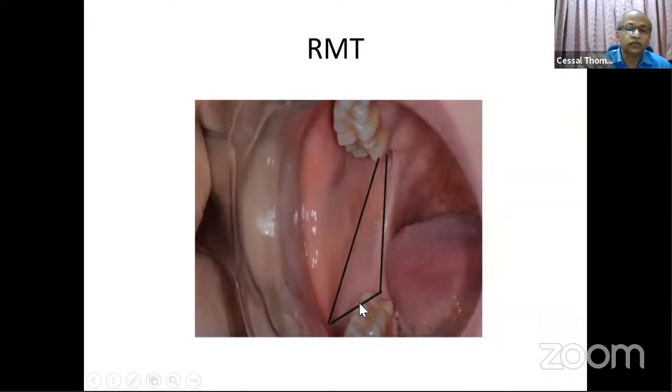So it is attached to the posterior part of the mylohyoid ridge. That is the pterygomandibular raphe. And the mucosa covering over the pterygomandibular raphe is the retromolar trigone. So a lesion anywhere between the lower third molar and upper third molar is a retromolar trigone lesion.